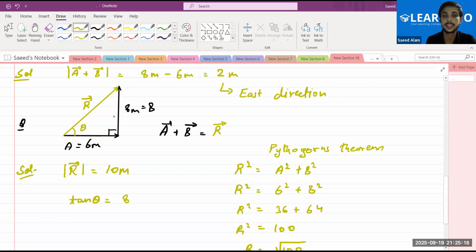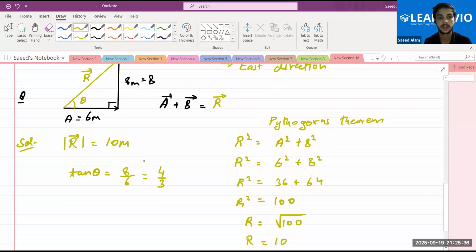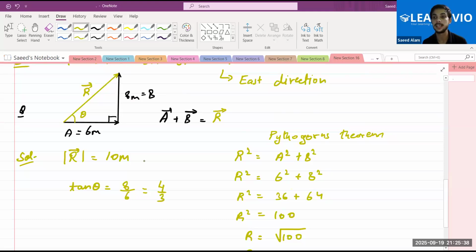The side opposite to the theta is considered as perpendicular, and the side just beside the theta is called the base. So 8 by 6 will be this thing. And does it come out to be 4 by 3? Yes or no? Yes. Okay, so this will be the result.